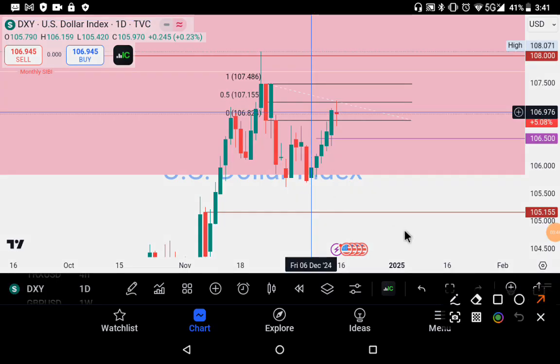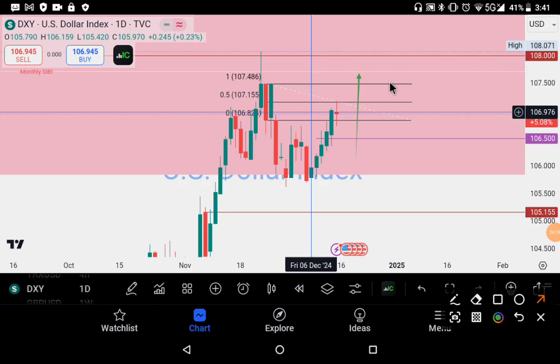If the market price was able to cross above 107.155, that means I'm going for 107,500. Then I'll be watching the market price attacking this yellow line, as long as I have a fully bodied candle above 107.155.